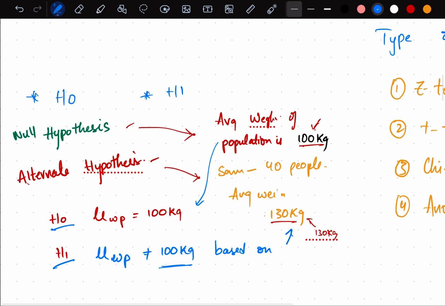There are two terms: null hypothesis and alternate hypothesis. Null hypothesis is whatever you have on your plate, and alternate hypothesis is whatever new statement you want to prove. So the game is whether to accept the new guy or stick with the older guy.